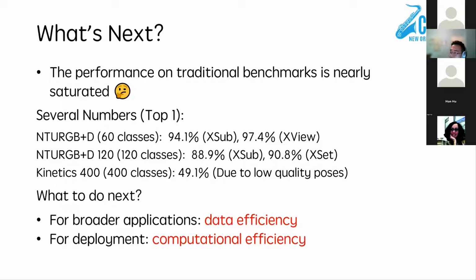So personally speaking, I think the future research in skeleton action recognition should focus on the data efficiency and the computational efficiency instead of focusing on improving recognition accuracies on standard benchmarks.